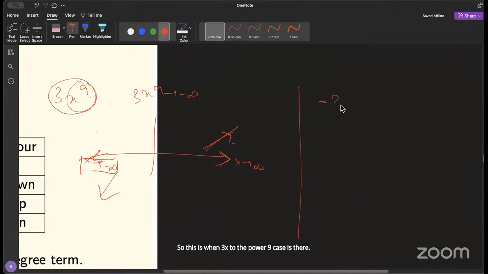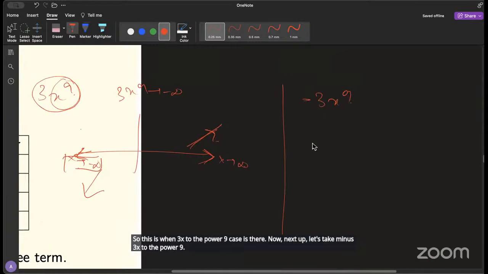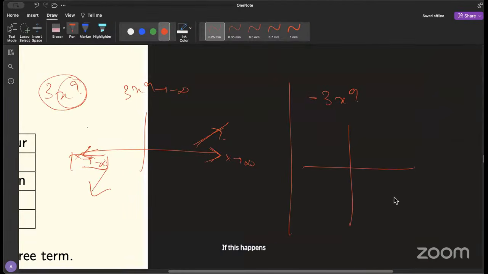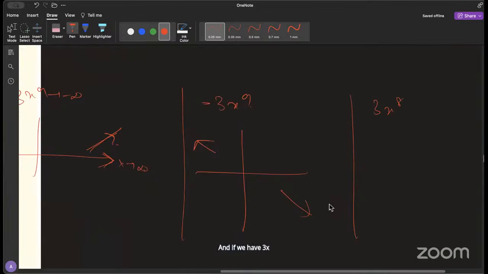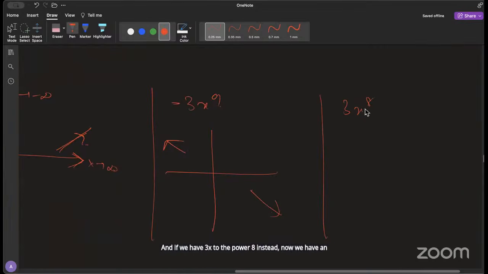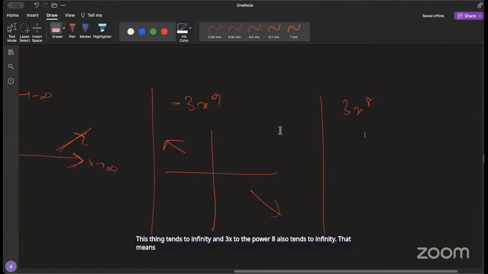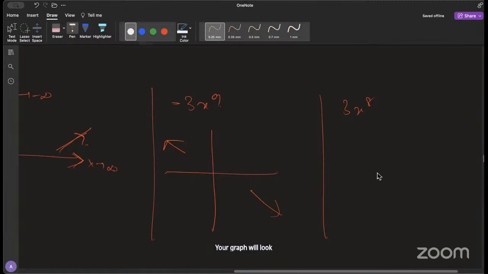Now next up, let's take minus 3x to the power 9. If this happens, then things are going to change this way. And if we have 3x to the power 8 instead, now we have an even power. So when x tends to infinity, this tends to infinity, and 3x to the power 8 also tends to infinity. That means on the plus infinity side, your graph will look like this.